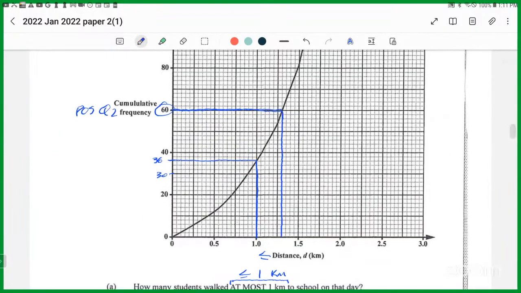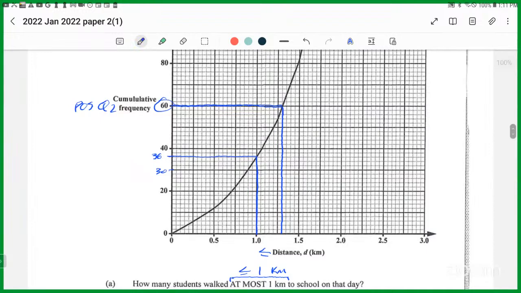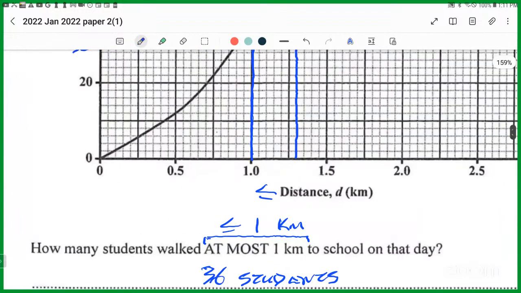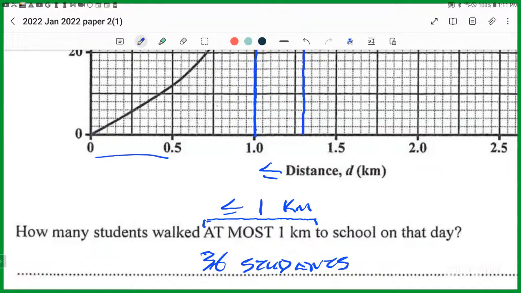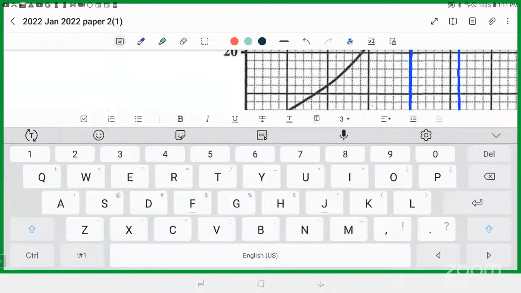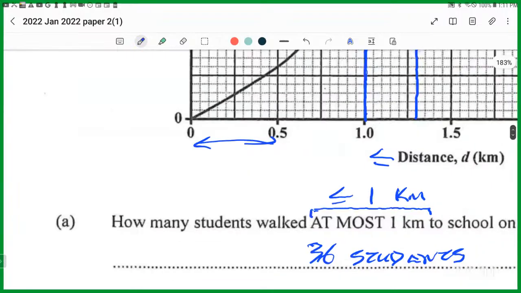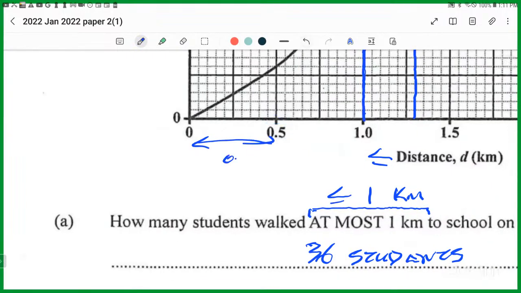All right, so we have to figure out the scale now. Look at the scale. There are 10 spaces, and the unit is 0.5 divided by 10 spaces.